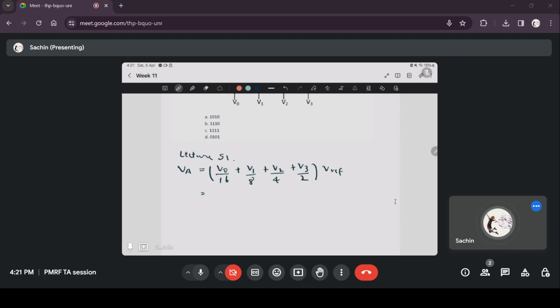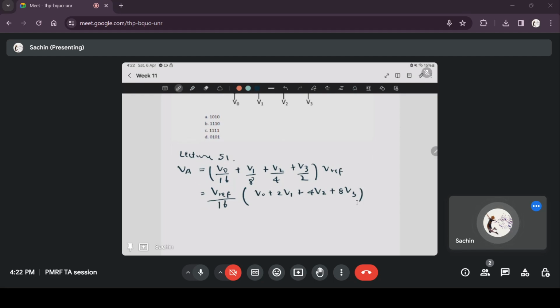Or you could take the 16 out and write this simply as V0 plus 2V1 plus 4V2 plus 8V3.